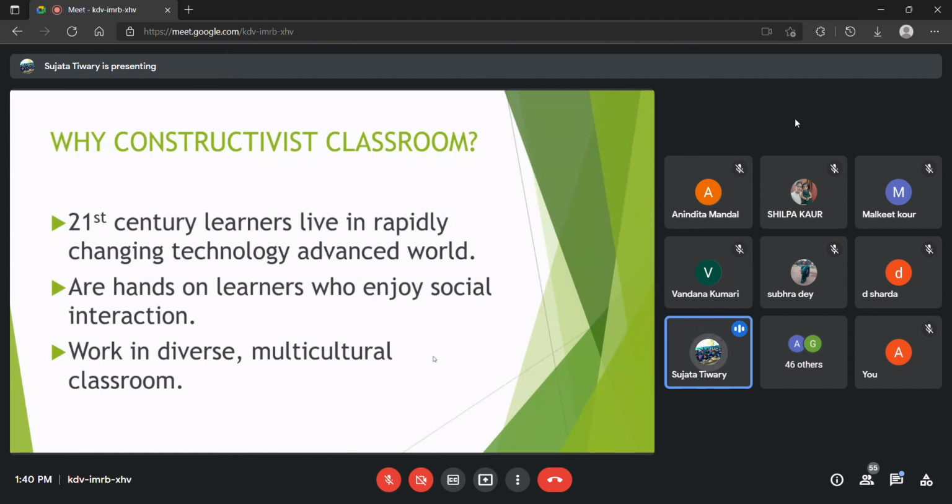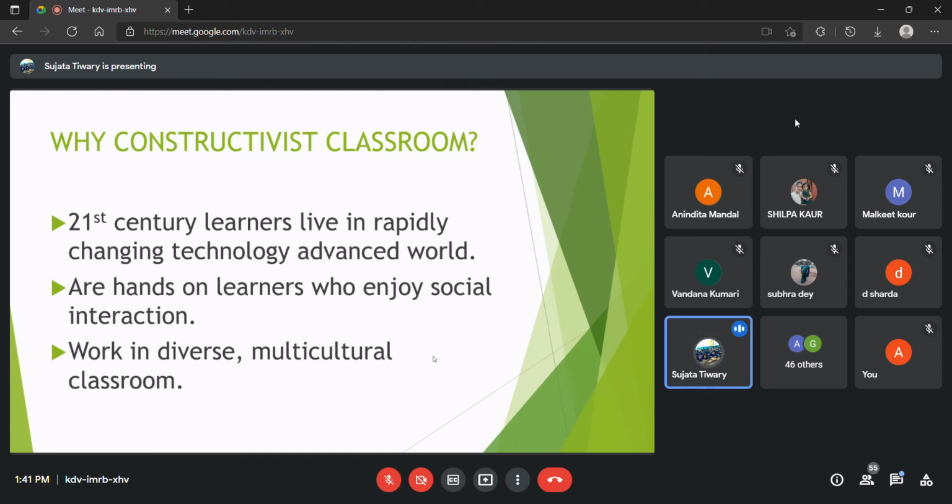Now, we work in a diverse, multicultural classroom, because the students come from different cultural backgrounds. They are coming with different ideas. Again, the individual differences, with different ideas, with different existing knowledge, they are coming to the classroom.